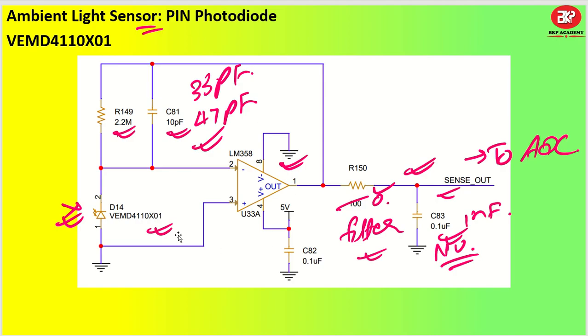Now coming back to the circuit, we have the PIN photodiode. We have understood how to design the circuit for our PIN photodiode, and once light comes, there will be an output. Because it is connected to an ADC, you will be able to find out the measurement of the light that is available.